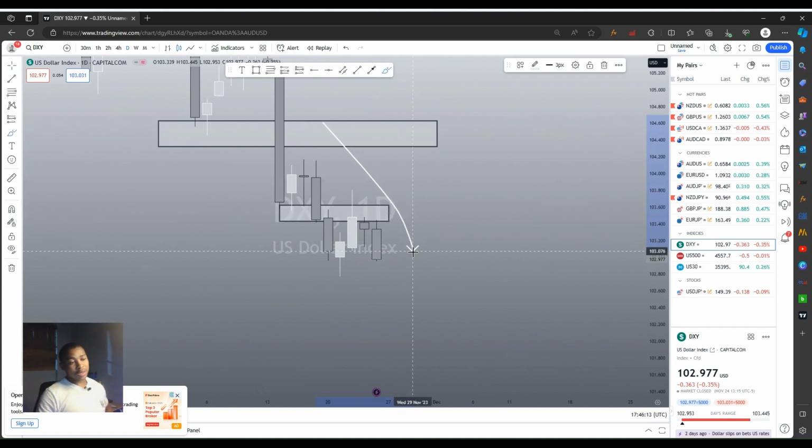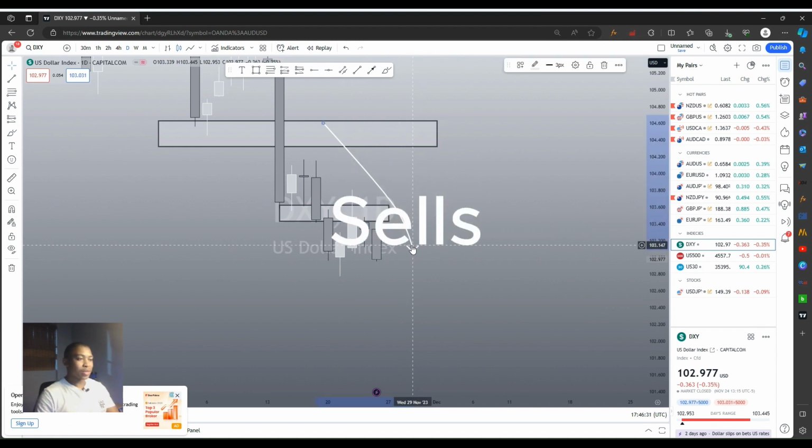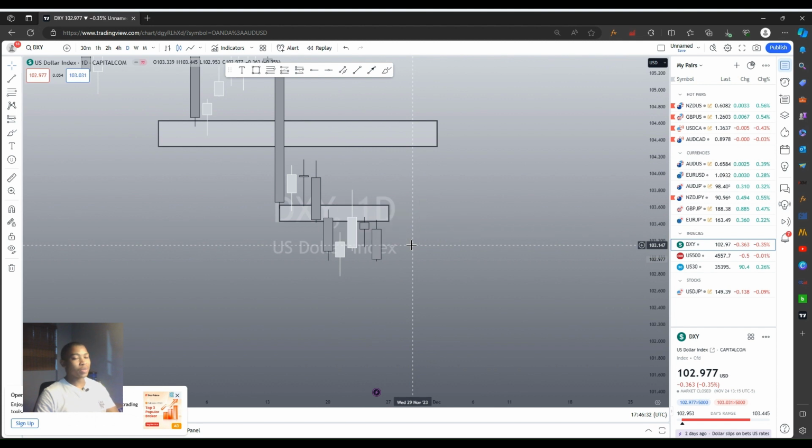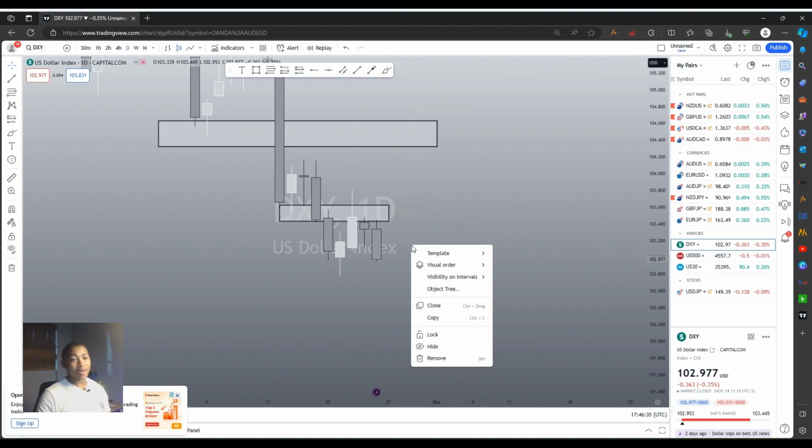The dollar has no strength, guys. Looking at this chart, the dollar keeps on losing strength, and the bears keep on adding position on position onto this downtrend. So if I were to trade the DXY, I'd be looking for further sells onto this, because you sell in a downtrend and you buy in an uptrend.